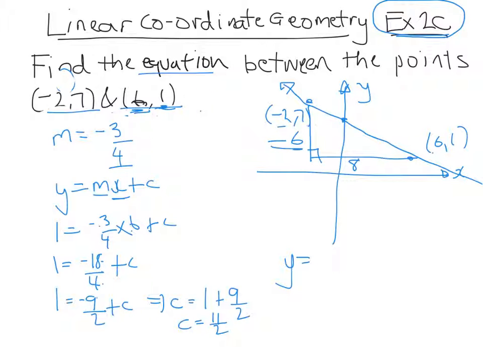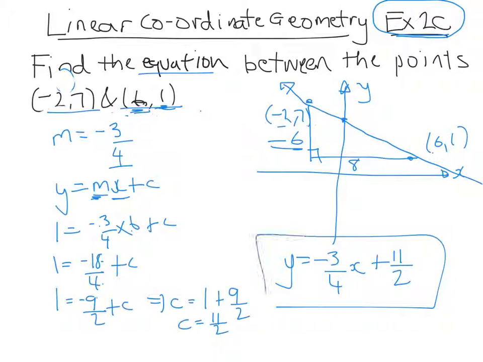So y is equal to minus 3/4 x plus 11 over 2. And that's the equation for the line that goes through these 2 points.